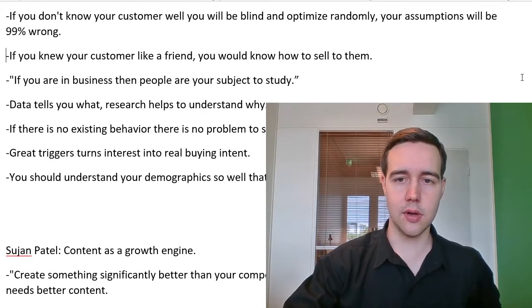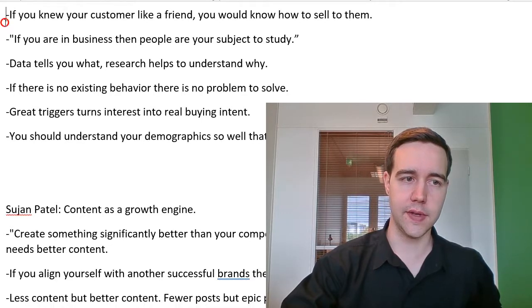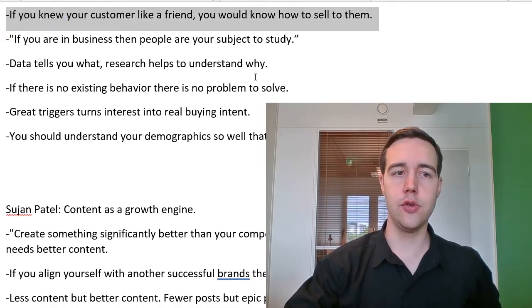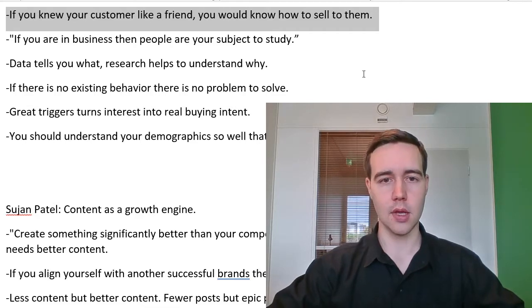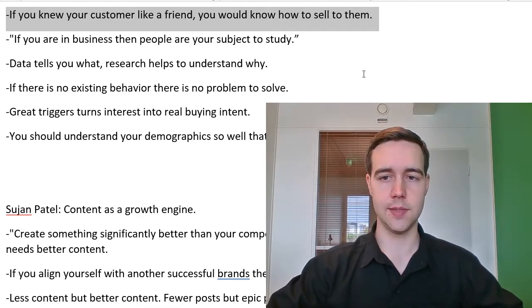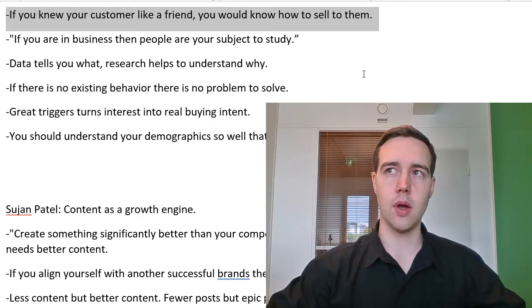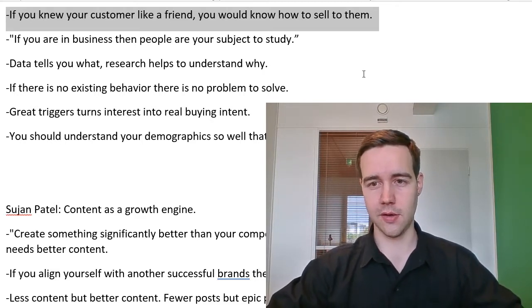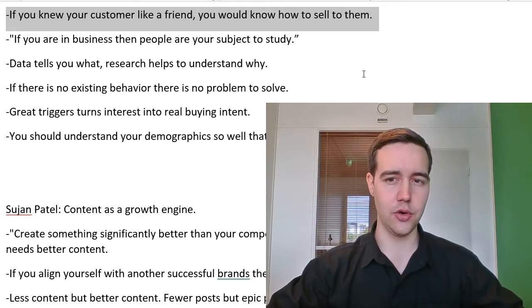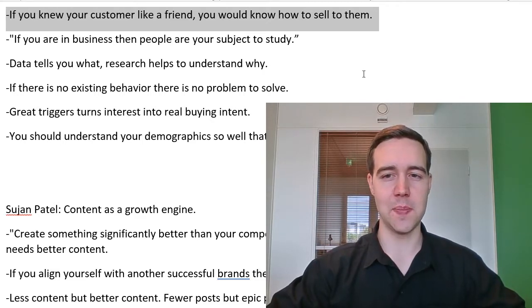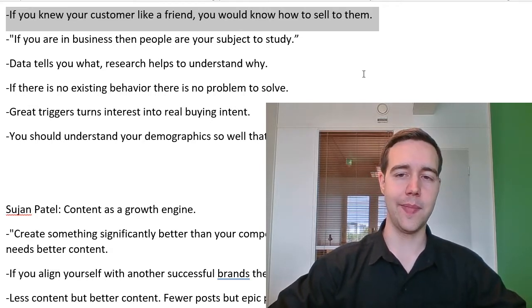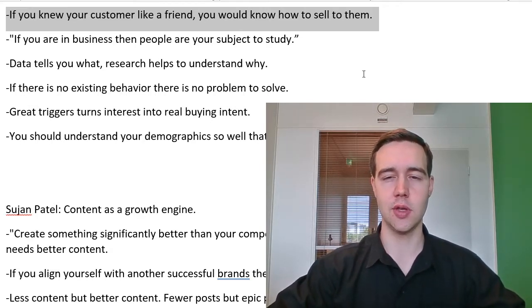So you can take that into account. And this fits very well with this point: if you knew your customer like a friend, you would know how to sell to them. If you have a very detailed user persona, you will know how to pitch these people. If you know a friend of yours, or somebody you know very well, a loved one, you would be able to tailor the pitch, or whatever you're trying to persuade them to do, to exactly match their motivations and fears.